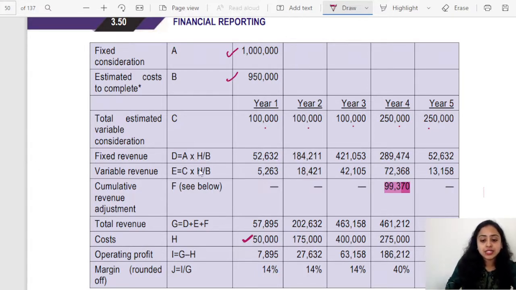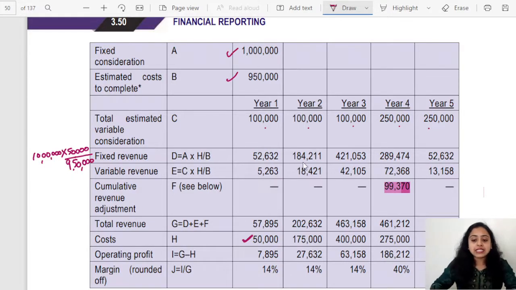This means you are simply recording the revenue of 10 lakh rupees into 50,000 divided by 9,50,000, in the proportion of cost. Simply next 1,75,000 divided by 9,50,000, then 4 lakh divided by 9,50,000, then 2,75,000 divided by 9,50,000, then 50,000 divided by 9,50,000.